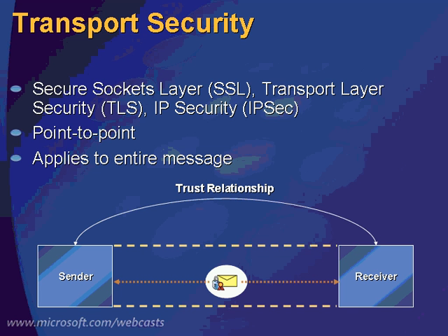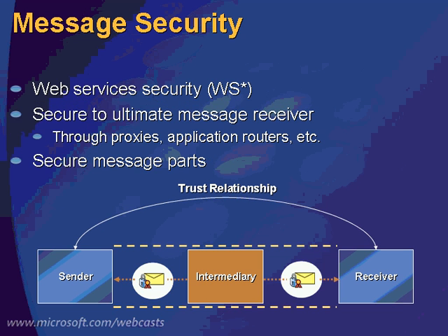So you don't have the ability to encrypt some parts but not all to reduce the bloat. You encrypt everything on the wire. And it's only safe from point to point, which means that if there's any sort of intermediary, for example, an application router in the center, then we wouldn't be able to protect the hop between the intermediary and the receiver, or at least we cannot guarantee that unless we own it.